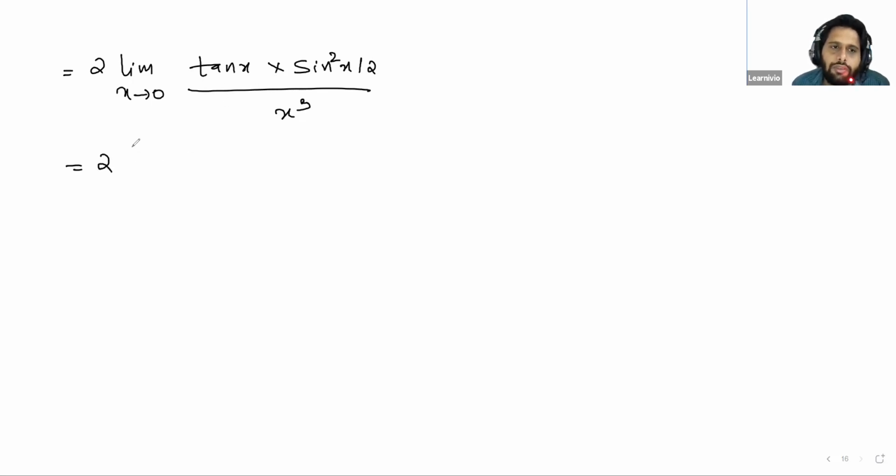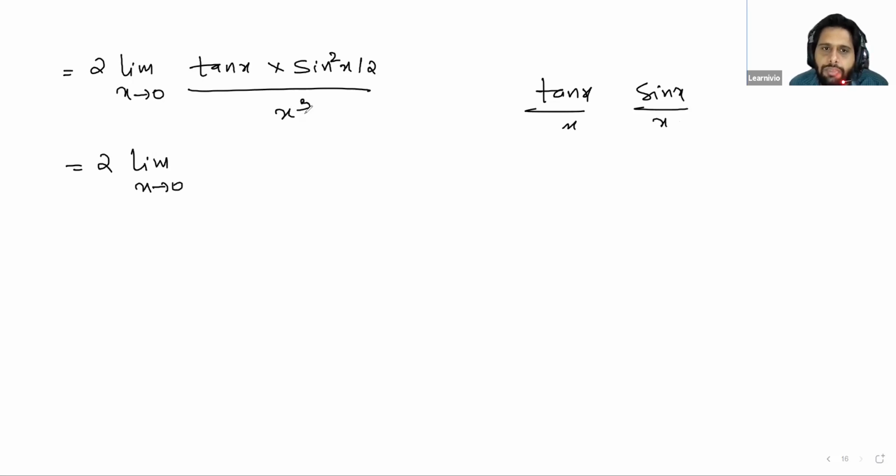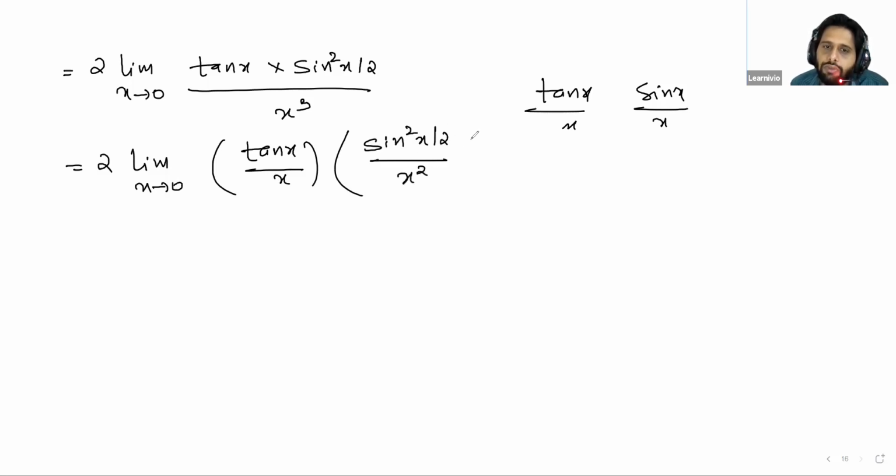Okay. So this is 2. Now limit x tends to 0. Now we have a formula of tan x by x and we have a formula of sin x by x. So what can we do? This x cube, from this we move one x with tan x. So tan x by x. There is a square, so we move one square here. So this is sin square x by 2 by x square.